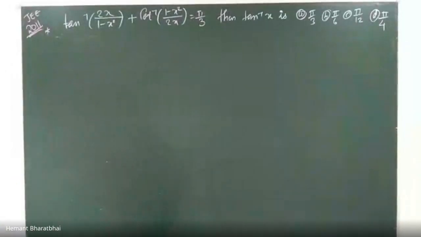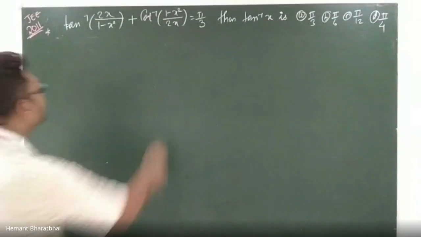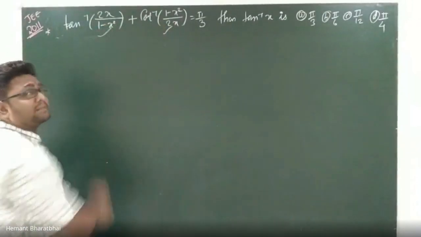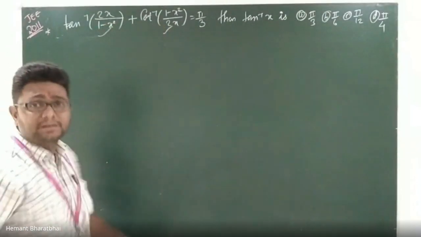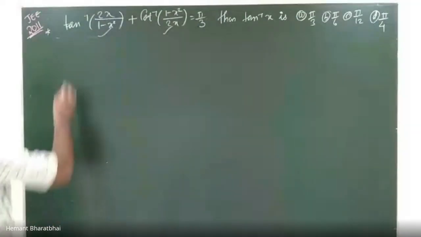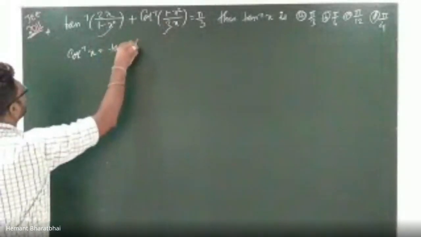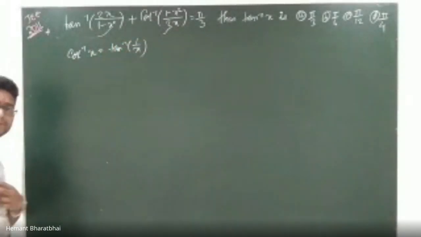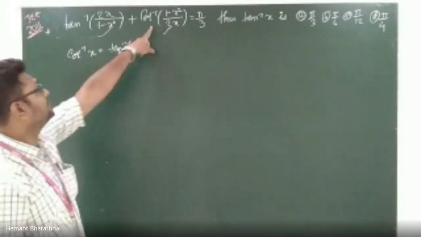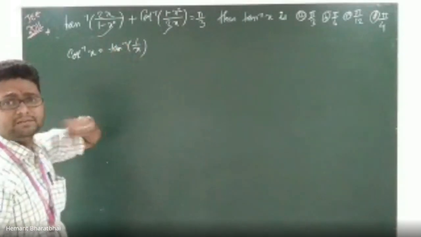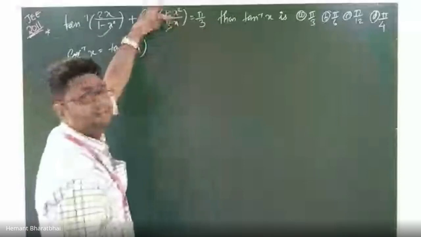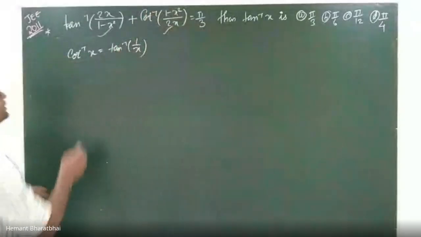So if you see over here, the terms inside are similar. So we can take advantage of this. We very well know that cot inverse of x is nothing but tan inverse of 1 by x. So now here, instead of cot inverse of x, I can write tan inverse of 1 by x. That is, it will become the reciprocal of this.